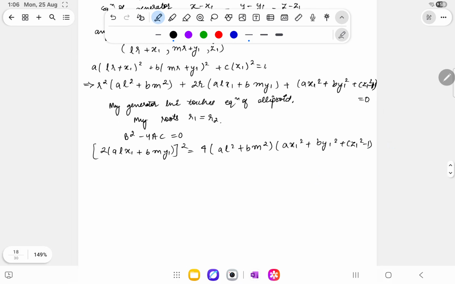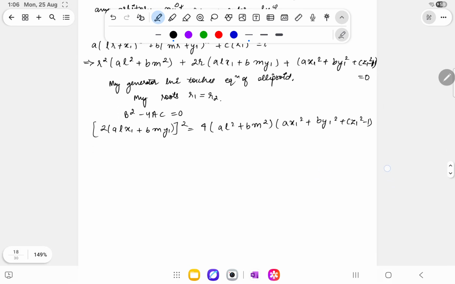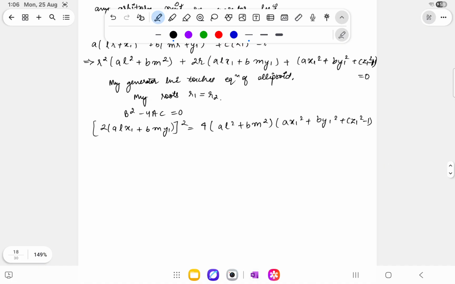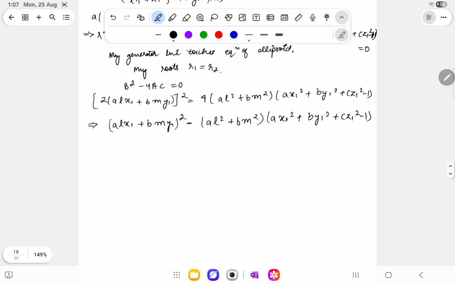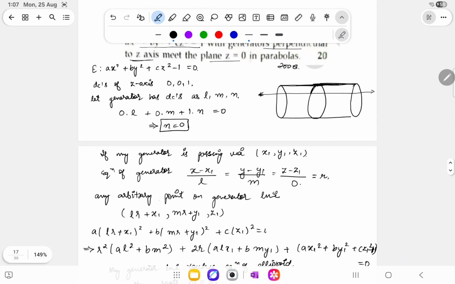If I simplify it, I'll get (alx1 plus bmy1) square minus (al square plus bm square)(ax1 square plus by1 square plus cz1 square minus 1). So this is the condition when my generator line is touching the enveloping cylinder.